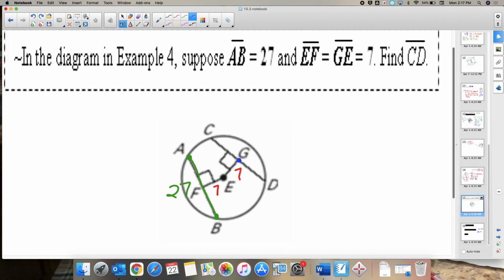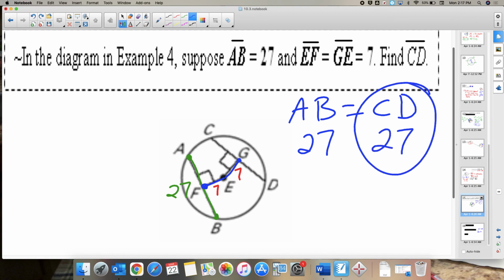Point G to E and F to E, those two chords are equidistant from the center. Since the chords are equidistant from the center, the two chords will have to be equal in length. So since AB is 27, CD will also be 27.